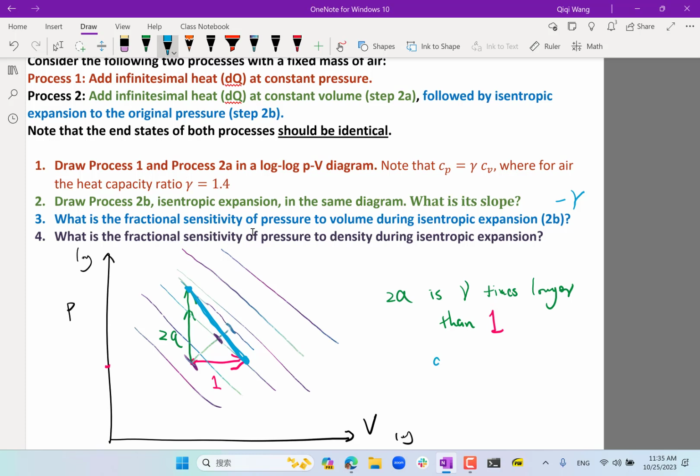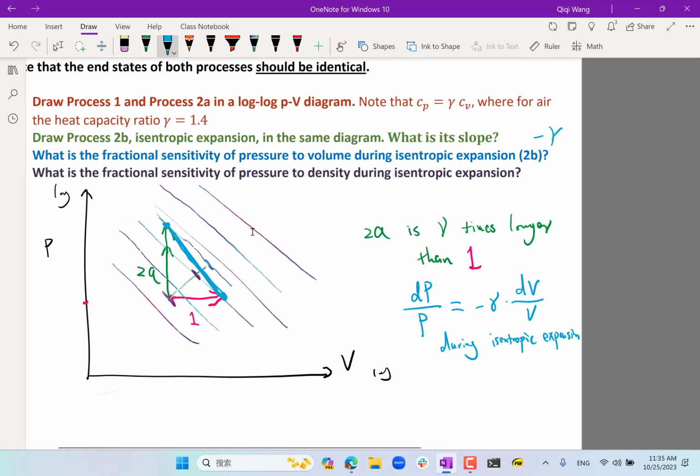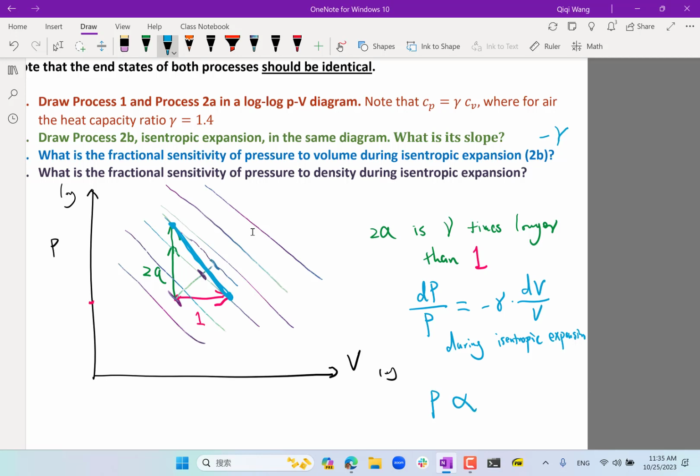That's basically dP over P is equal to minus gamma times dV over V during isentropic expansion. And that also means if you integrate it, the pressure is going to be proportional to the volume to the minus gamma power.